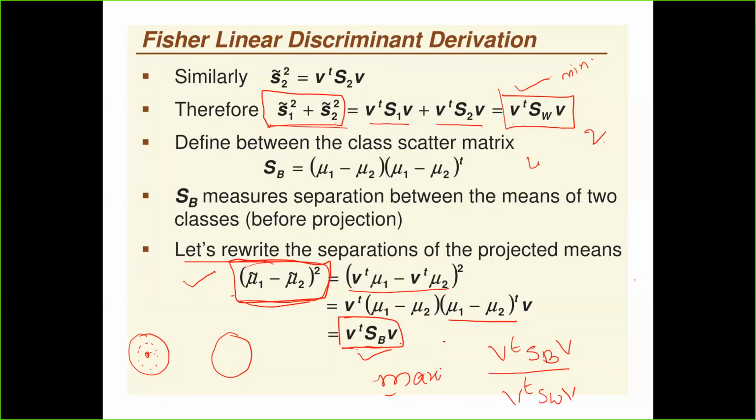Why do we have to write it like that? I'll tell you. This you want to minimize, right? And this you want to maximize. Minimizing this is equivalent to maximizing 1 by this.